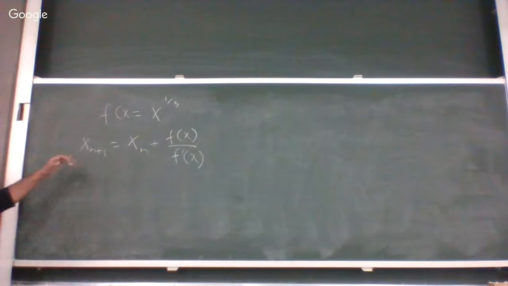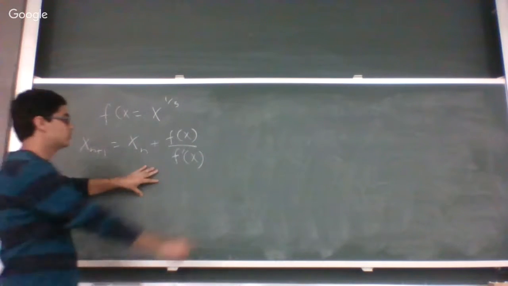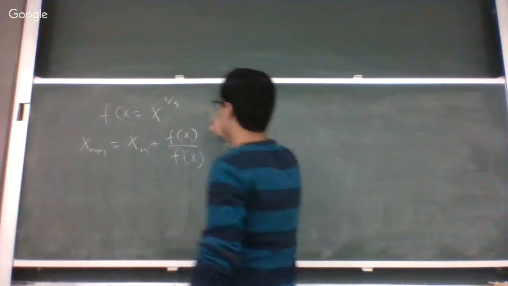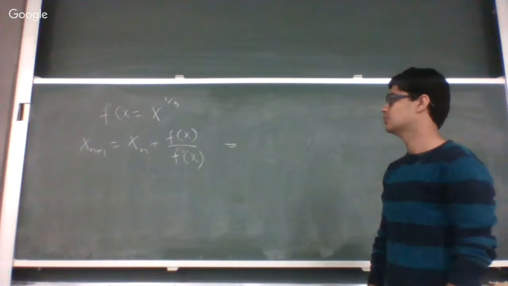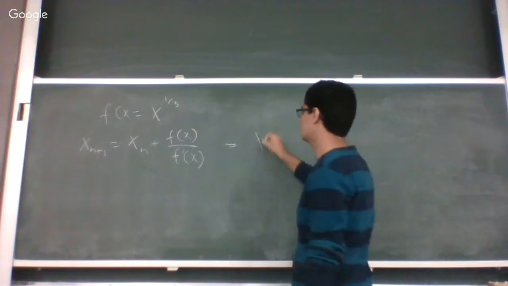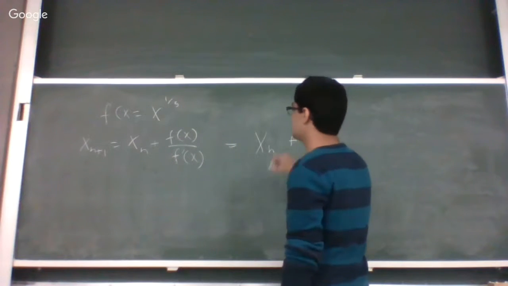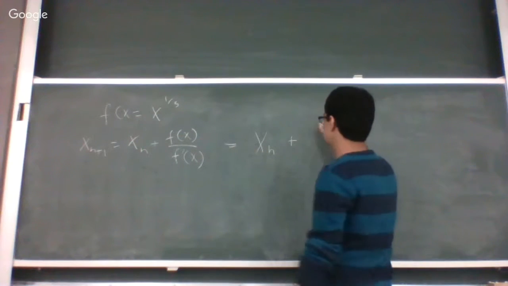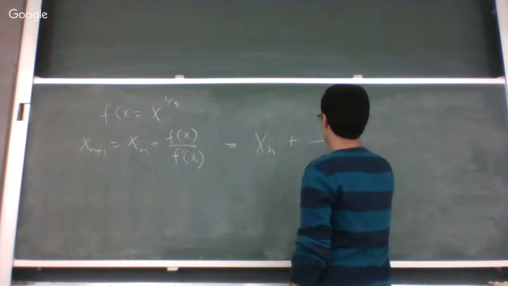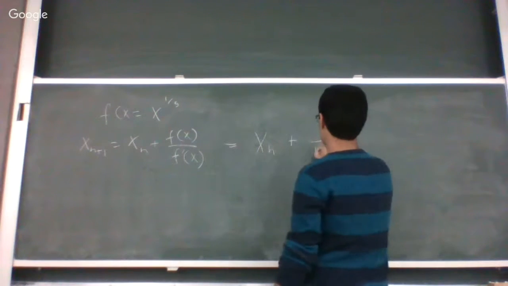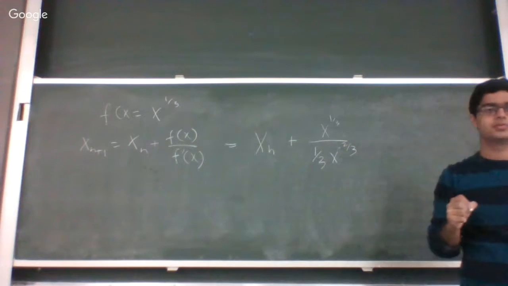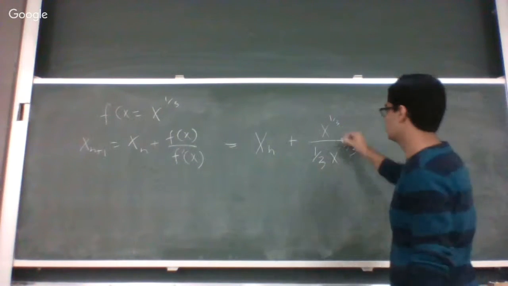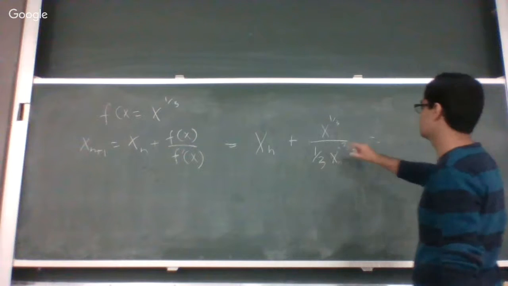If we are to find x sub n plus 1 without having any x sub 0 value, what would we do? We have x sub n plus the function divided by the derivative of it, right? And then we simplify. So this is sort of like x sub n itself.